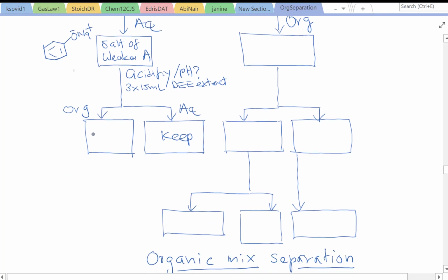So this one is basically the weaker acid, in this case phenol, and then you're going to do further purification and identification, right? That would be a distillation, recrystallization, something like that, and then check the data sheets.